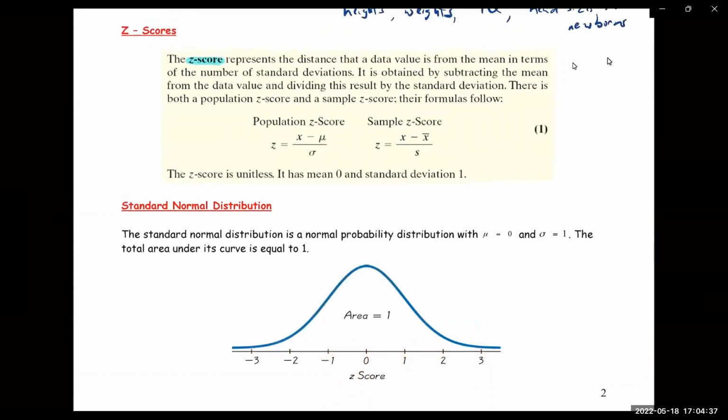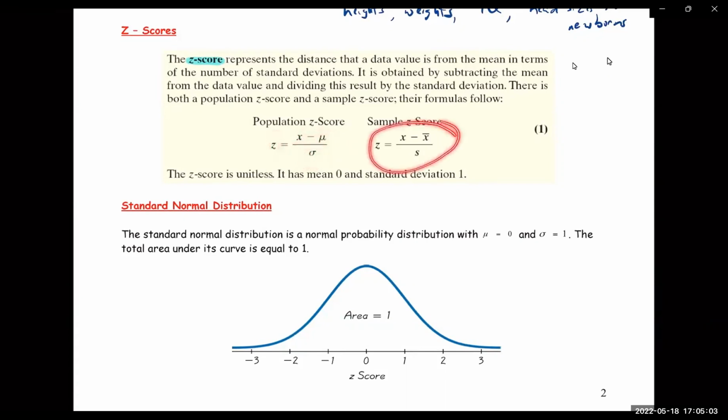It is obtained by subtracting the mean from the data value and dividing this result by the standard deviation. So here's the formula. You take a data value, like someone's height, for example, you subtract the mean, the average height, and then you divide that by the standard deviation, and that tells you the z-score.